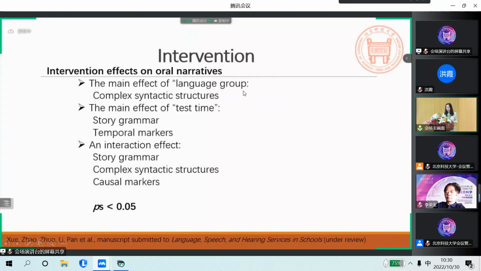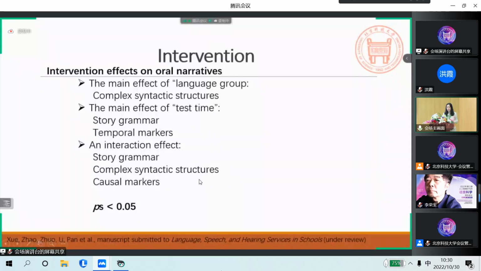We have a main effect of language group, specifically on complex syntax structures, and also a main effect of test time. Test time means the intervention effect, specifically on story grammar temporal markers. And there is an intervention effect on story grammar, complex syntax structure, and causal markers. A simple effect analysis revealed that before the intervention, the two groups differed greatly on these measures, but after intervention, the two groups had no difference.